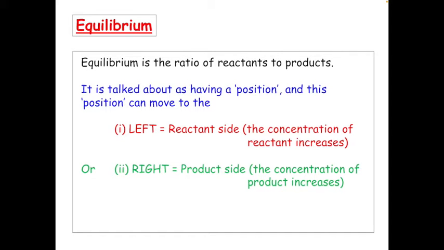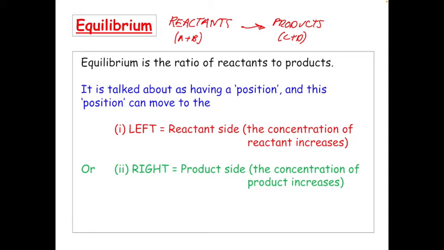So if you think of a chemical reaction, reactants you could call A and B, products we'll call C and D. And actually what that means is if it's moving towards the left, then you're going to have more of A and B than C and D. Or if it's moving towards the products, then you're going to have more of C and D than A and B. I'm also going to talk about how equilibrium has a special kind of arrow to tell you that it's a reversible reaction.